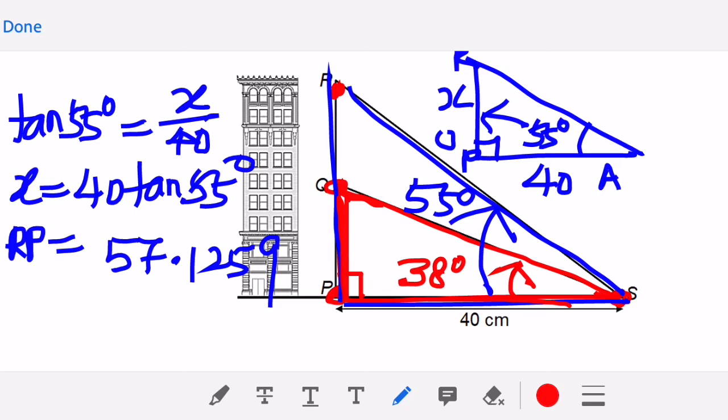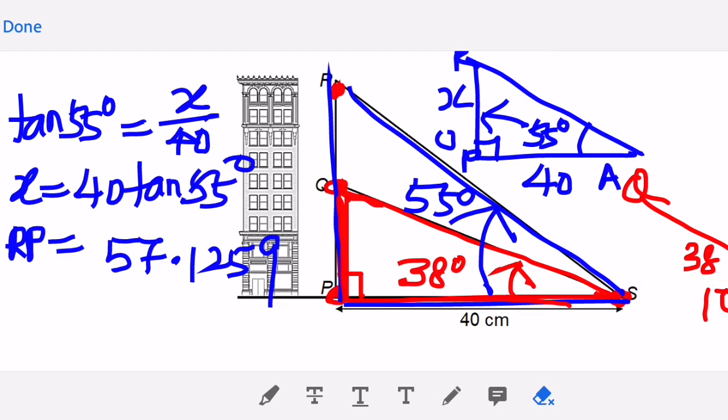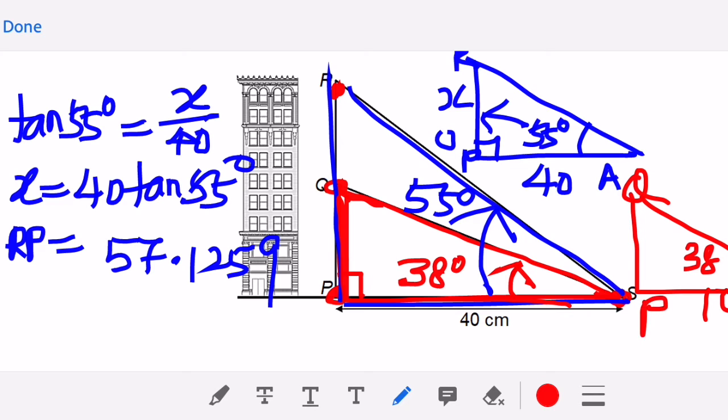After that, we'll use the right angle triangle in red color. Let's draw it out here. This angle is 38, and this is 10. We want to find the QR, but before we can find the QR, we need to find the QP or PQ. So again, tangent 38 is equal to QP over 10.